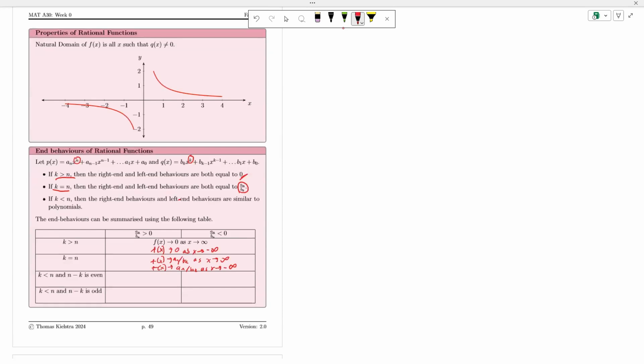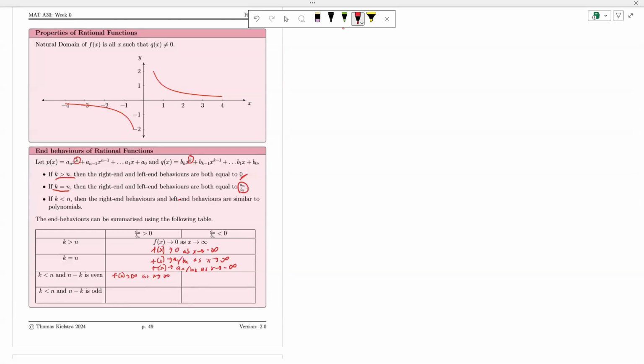Now, when n is greater than k, we have the cases where n minus k is even and n minus k is odd. That is incredibly similar to our polynomials, because as x approaches infinity, it actually behaves like these polynomials. So if our fraction an over bn is positive, then f of x approaches infinity as x approaches infinity.